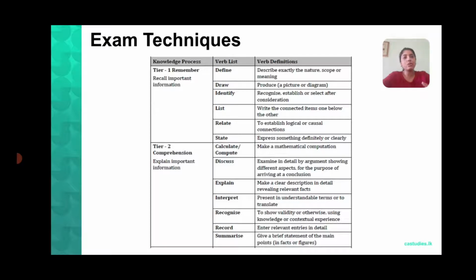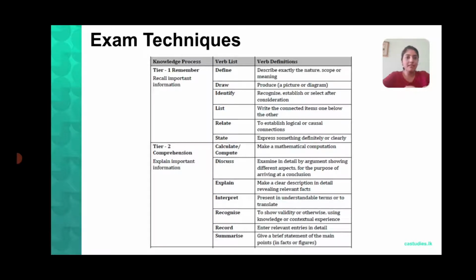Recognize is showing validity using your knowledge or experience. This means you can use your theoretical knowledge and apply it to show that this particular scenario is applicable to this theory in a short way.